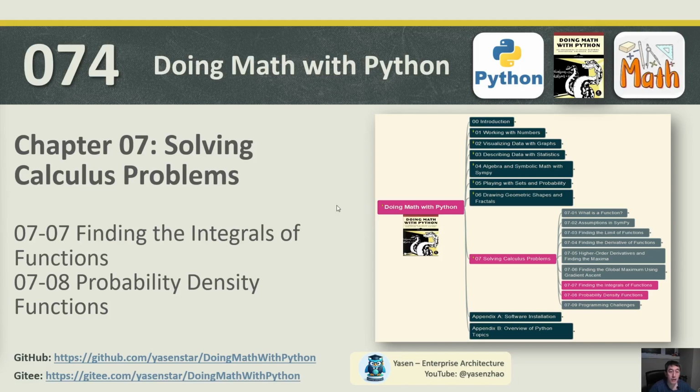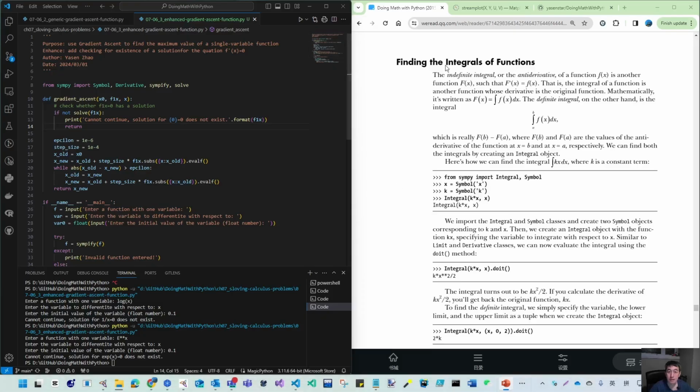So let's see that, and from the book, we start from the indefinite integral, which we call the antiderivative. From this word, it's very clear that the integral is the inverse operation of the derivative.